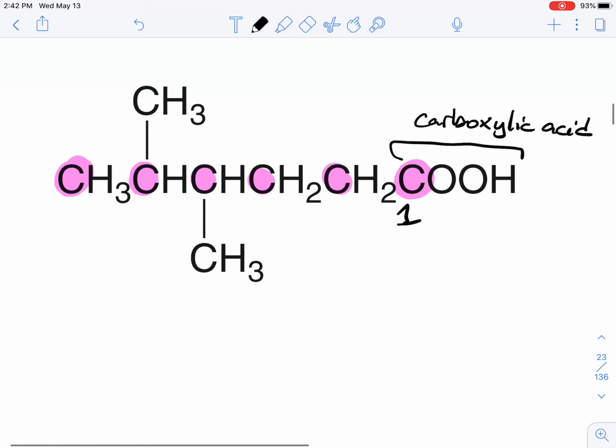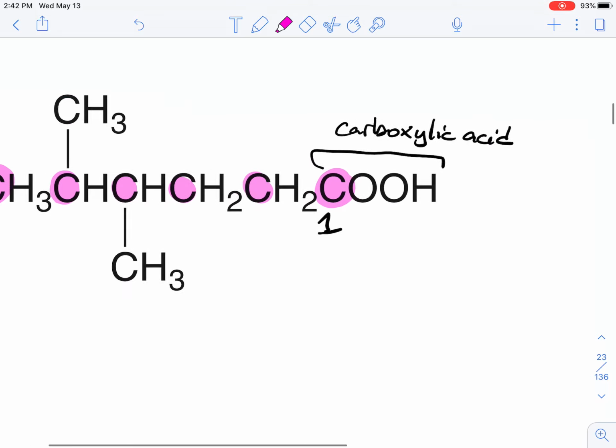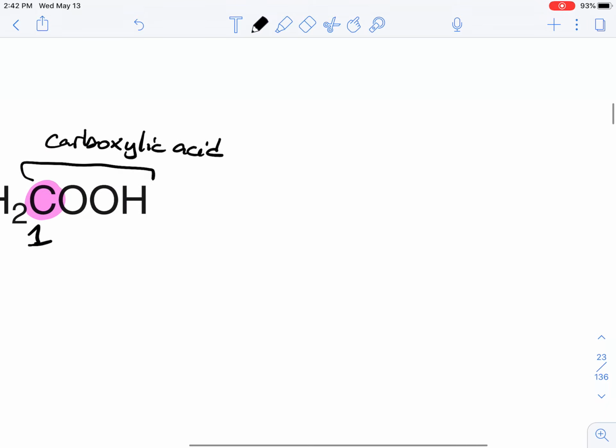Now that we know how many carbons we have, 1, 2, 3, 4, 5, 6, we're going to go ahead and identify the prefix that we're going to use to describe 6 carbons, which in this case is going to be hex.